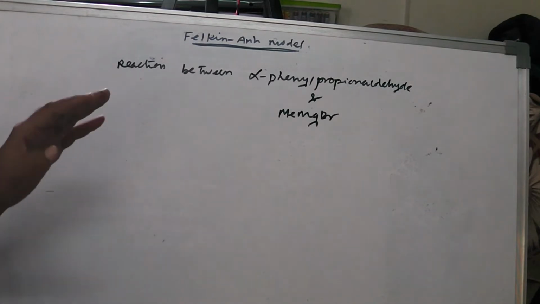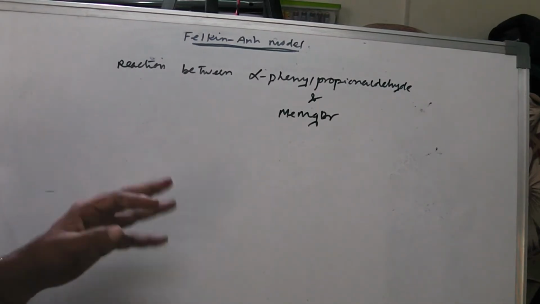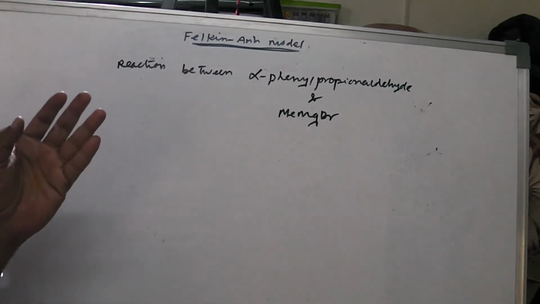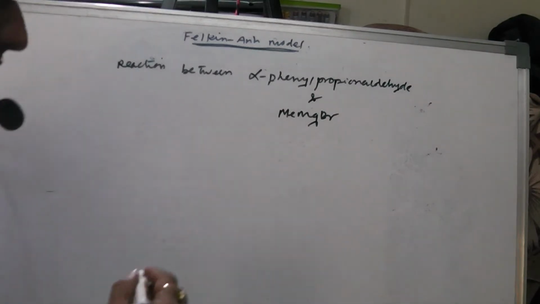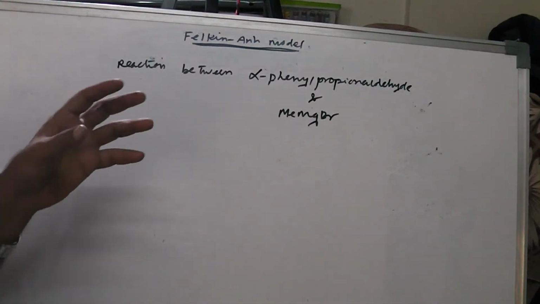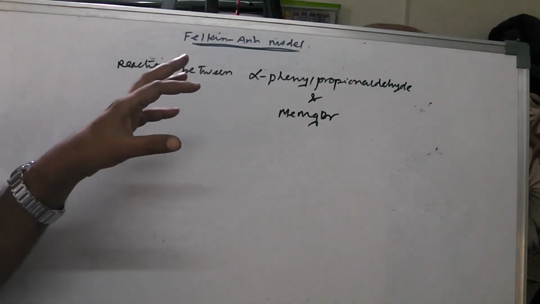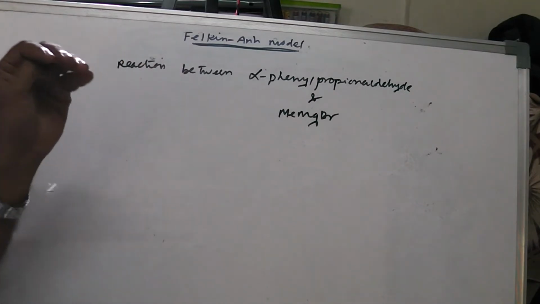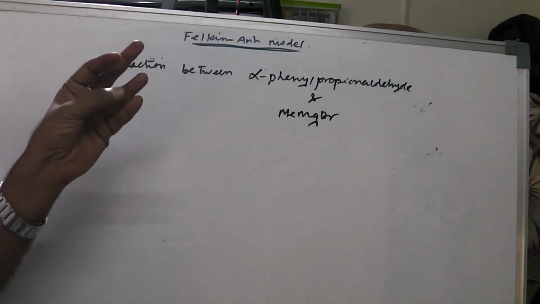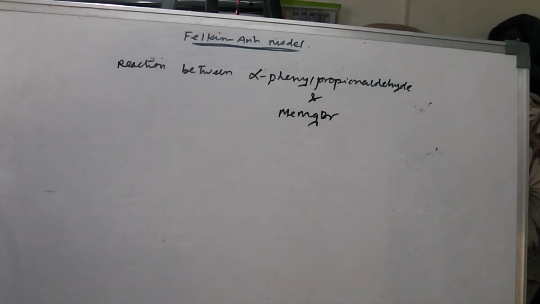Let us represent this alpha-phenyl propionaldehyde with the groups that are there represented as a smaller group, a larger group, and a medium-sized group.